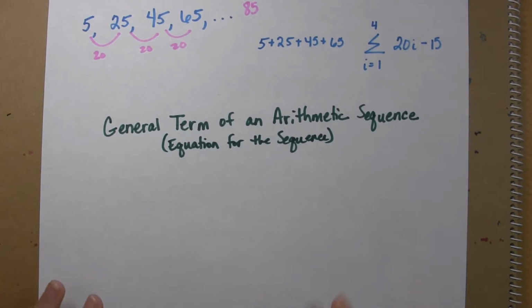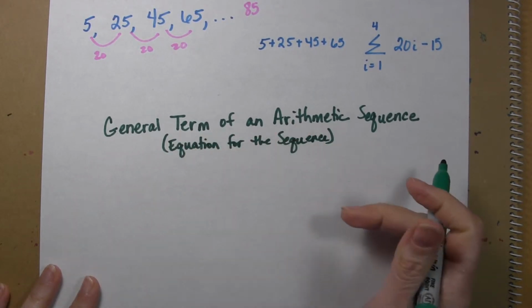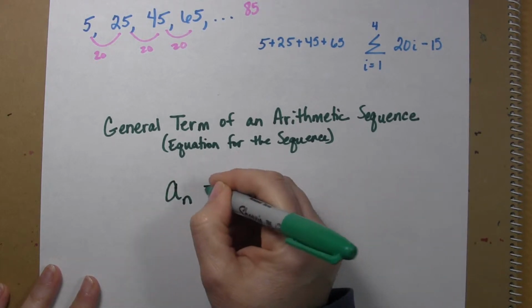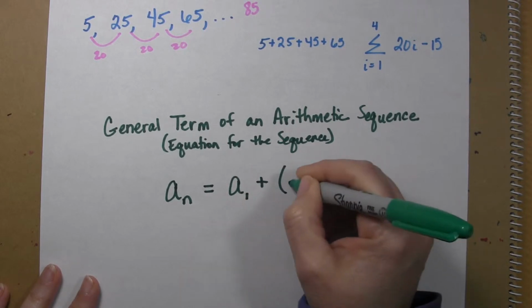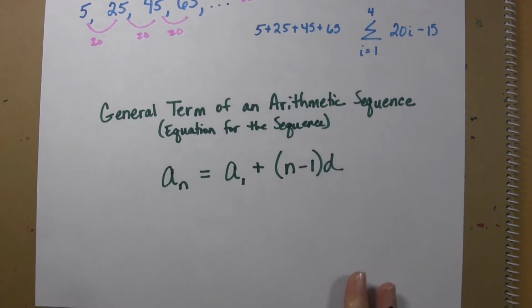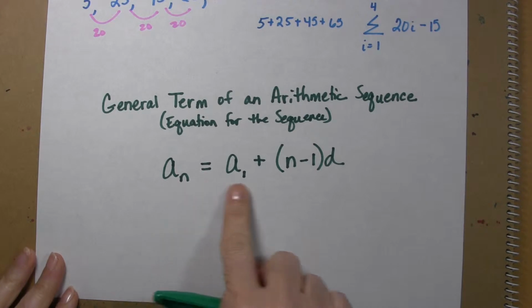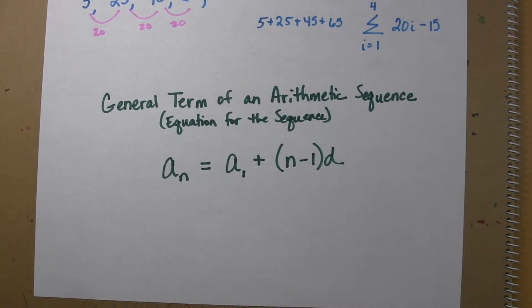And it looks intimidating. Let me show you what the general term of an arithmetic sequence is. It's a sub n equals a sub 1 plus parentheses n minus 1 times d. What? Yeah, that's what it is. You should write that down in your notes because we're going to use that over and over and over again.